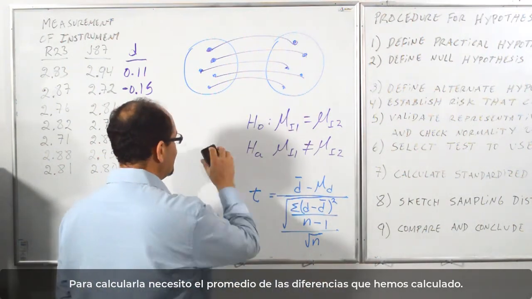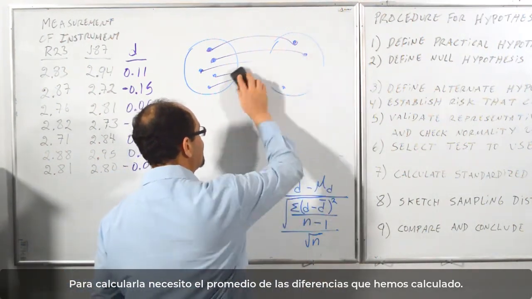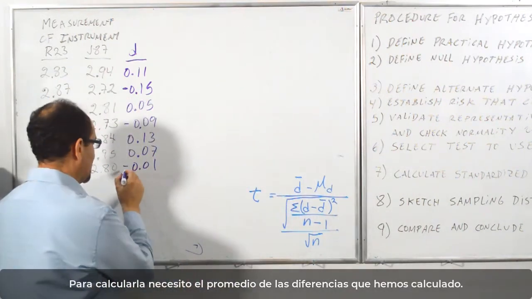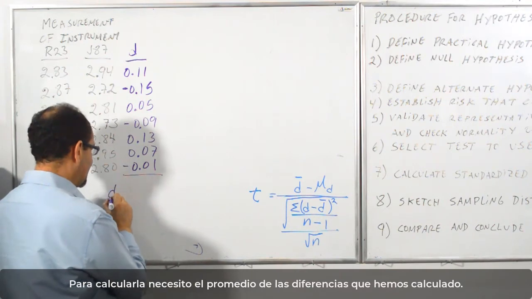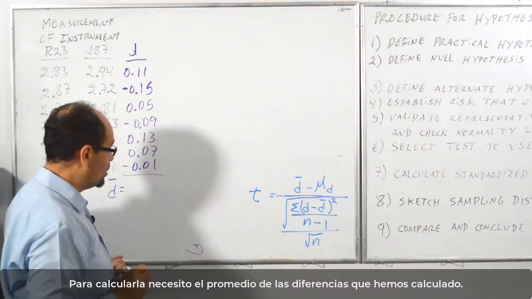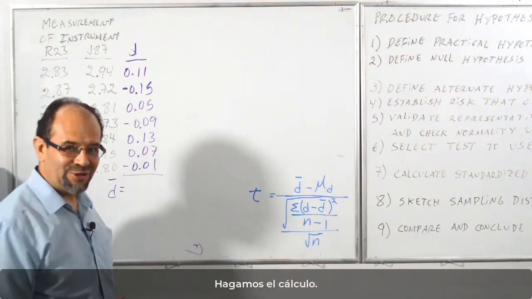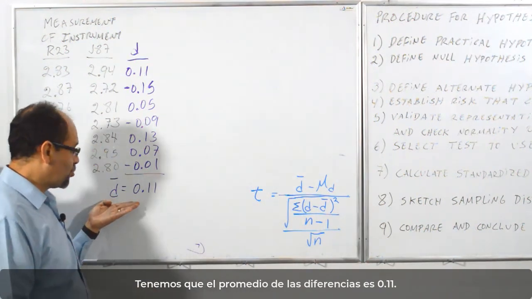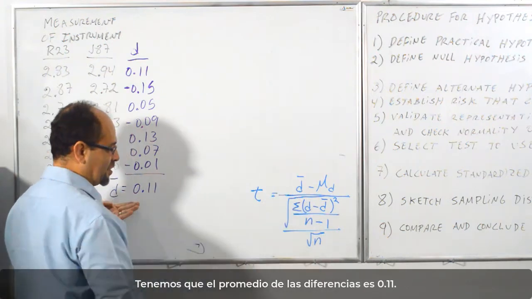Then what I need is the average of the differences, and that will be the average of these values. Okay, we already have the average of the differences.